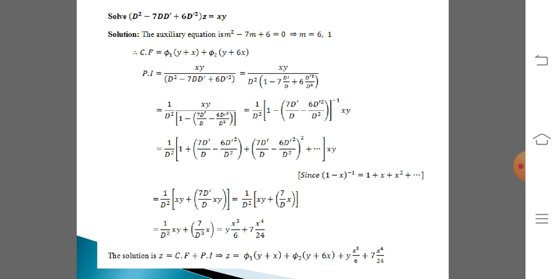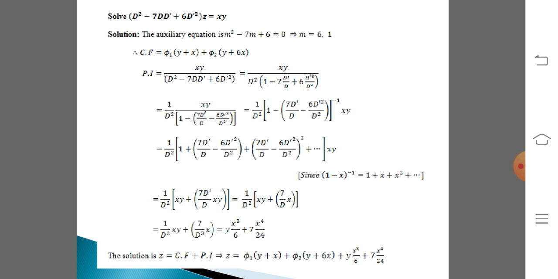If you take the denominator to the numerator, it becomes 1 minus x power minus 1, where x is 7D dash by D minus 6D dash square by D square. So therefore particular integral equal to 1 by D square into 1 minus 7D dash by D minus 6D dash square by D square whole power minus 1 into xy.